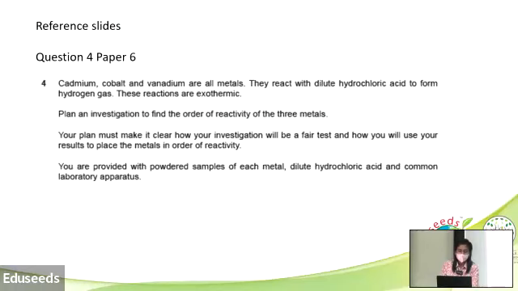And what you can vary, the reactivity, is the manipulated variable, and the volume of gas collected is the responding variable. In this one, students can actually plan your own variable, because rate of reaction you can find from a few methods. Let's say to find out which metal will finish quickly. That is one of the methods. Another one, you can also calculate the total volume of gas produced.